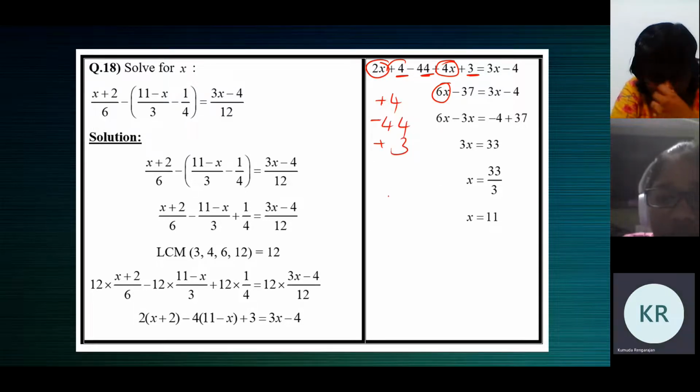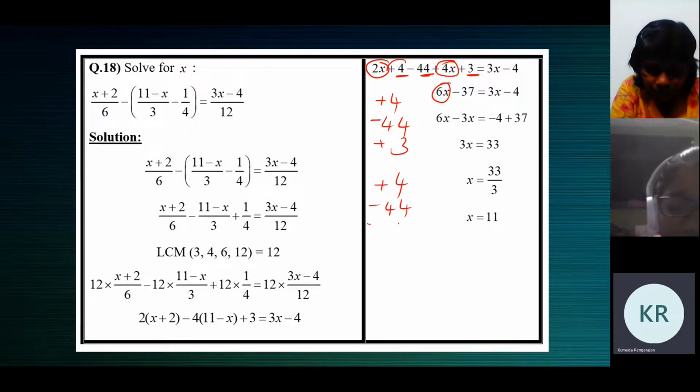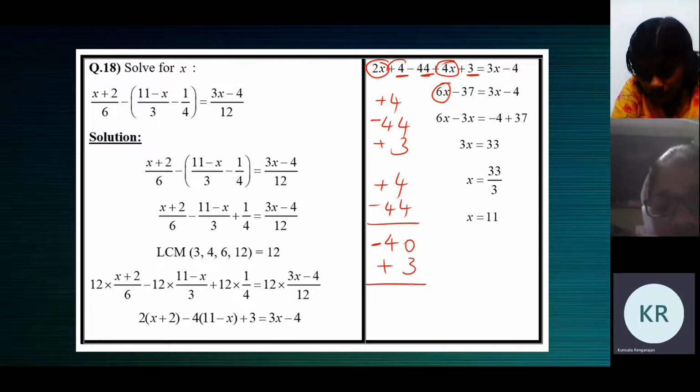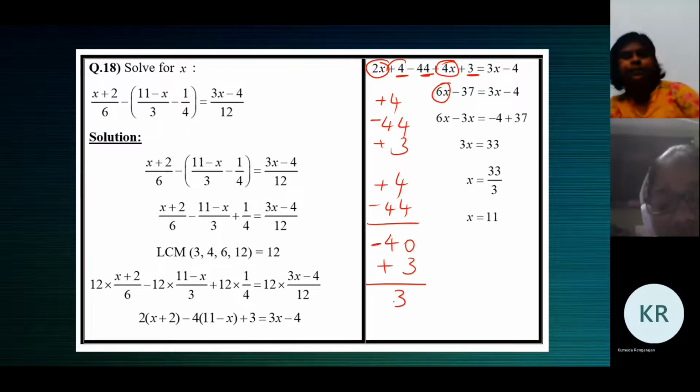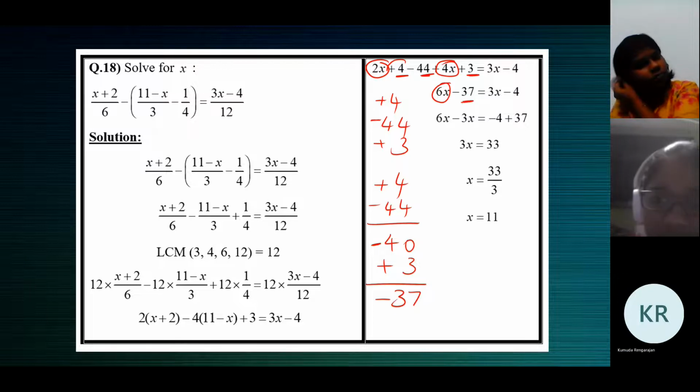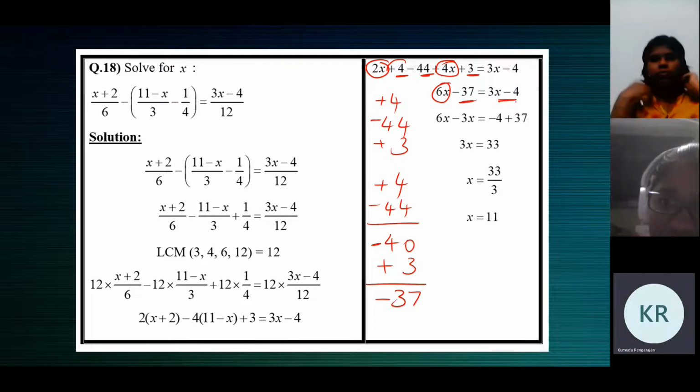Different signs, so subtract. We subtract 40 and put the sign of the greater number, minus. Then we'll do that with plus 3. Again different signs. Subtract, and put the sign of the greater number. Is equal to 3x minus 4.